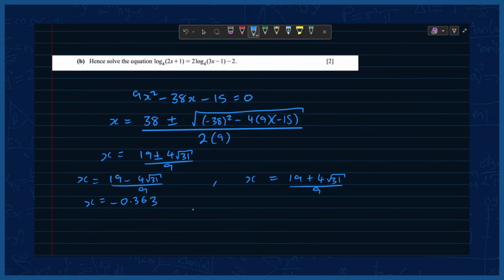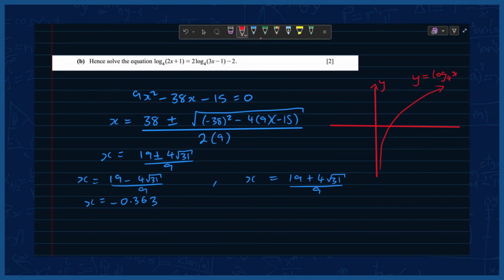0.363. I want you to keep in mind that logarithmic functions are only defined when x is positive. If you recall the graph of a logarithmic function, it looks something like this. This is y equals, in this case, log to the base 4 of x.